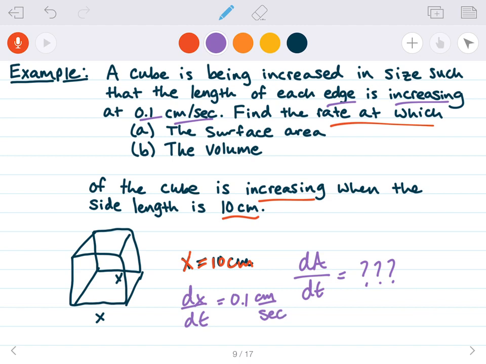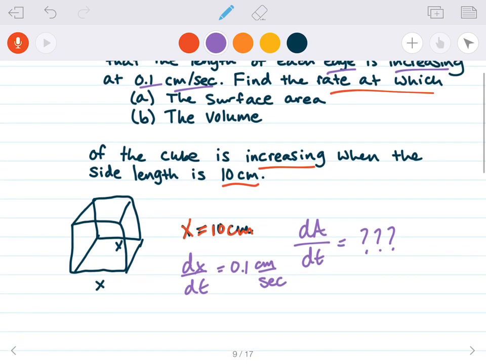Since we're looking for surface area, let's go ahead and find the surface area of a cube and write that formula down, because that's going to relate the sides and the area. So what is the surface area? The surface area is literally just the areas of all these faces on the cube added up. So how many faces on the cube do we have?